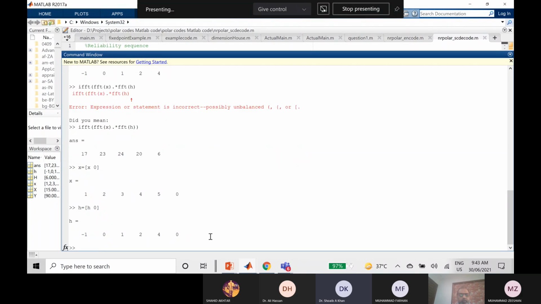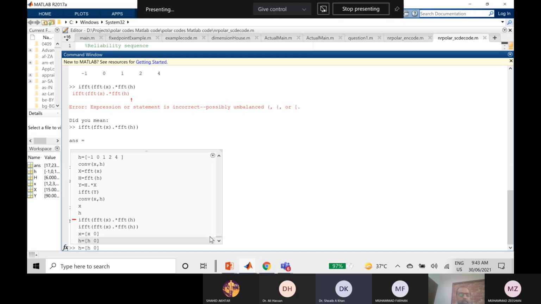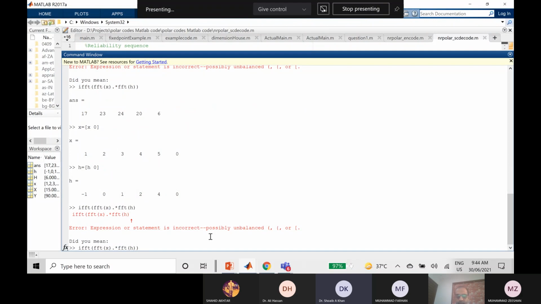So you make the length of the signal from 5 to 6 by putting zeros, and now you use the same formula.